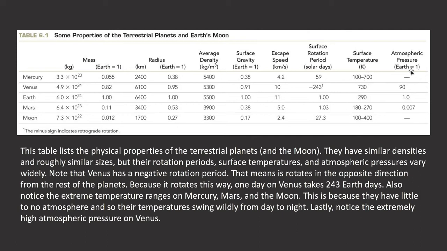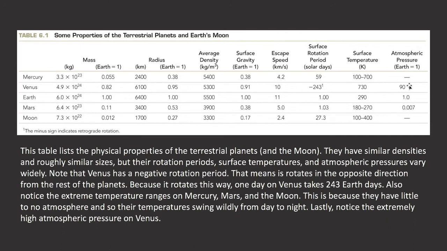But if you look over at this category, it has no atmospheric pressure. Mercury has no atmosphere. It means it can't retain its heat. So the side that's facing the sun is extremely hot, 700 Kelvin. But the side facing away from the sun is very cold, only 100 Kelvin. And that's the value of having an atmosphere. It helps you keep your temperature constant.